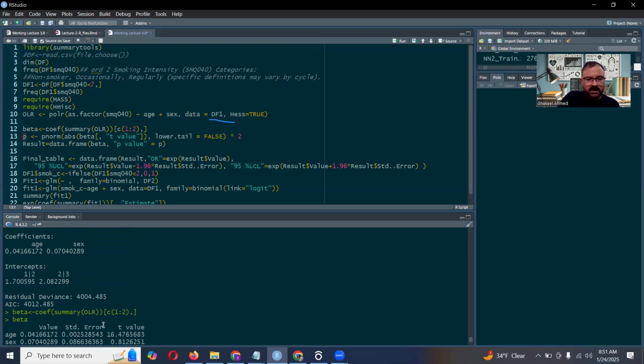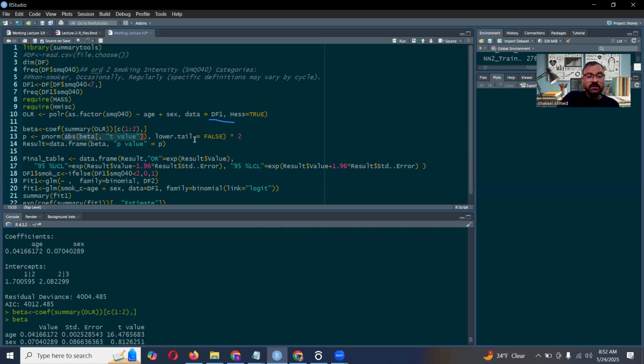As the standard errors and t-values are already given, I am finding the p-value using pnorm of the absolute value of t. Basically, I'm finding the probability of t being less than or equal to t, and multiplying it by 2.